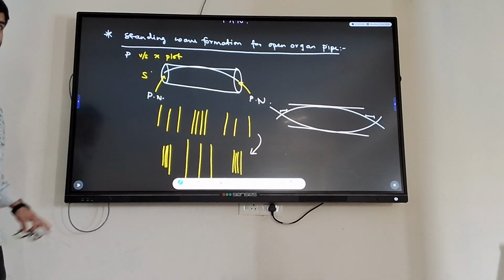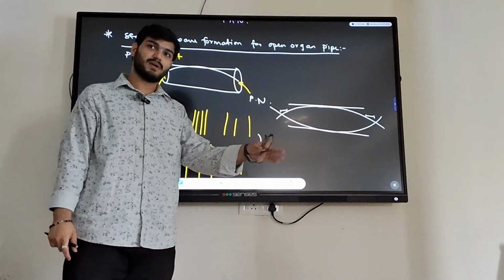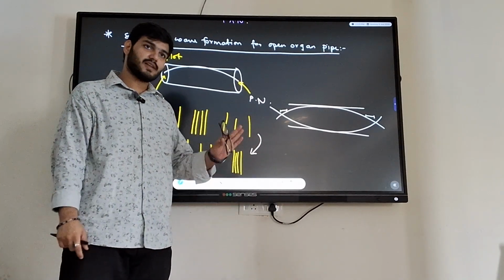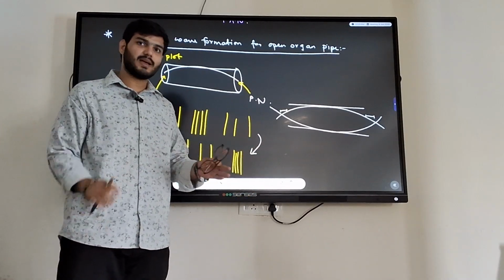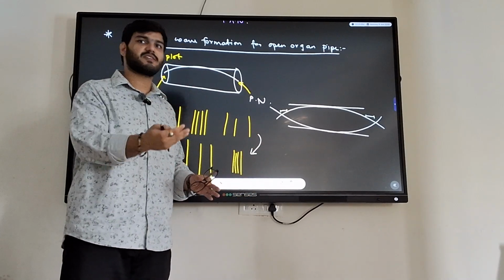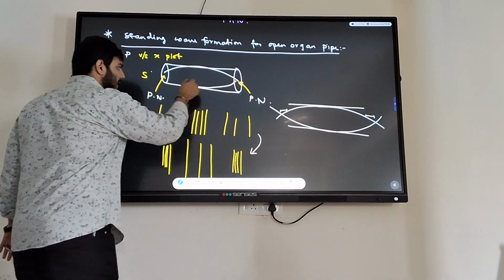Anyway, when a compression hits the open surface, it becomes a rarefaction. When a rarefaction hits the open surface, it becomes a compression. So every time you hit an open surface, there is a phase reversal of pi radians. That's basically as if you have come back with this.